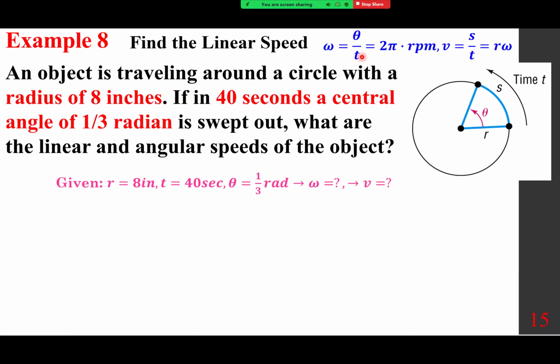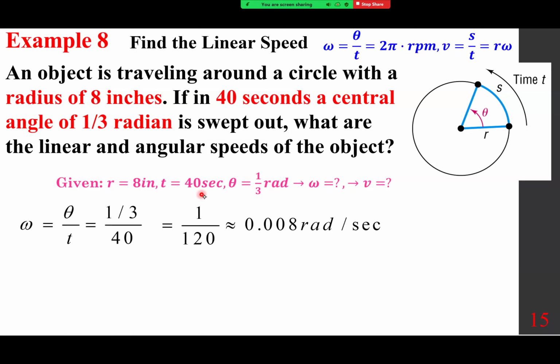and use the formula. Omega is theta over t. So what is theta? 1/3 radian. What is t? 40 seconds. Makes it 1 over 120 or 0.008 radians per second.